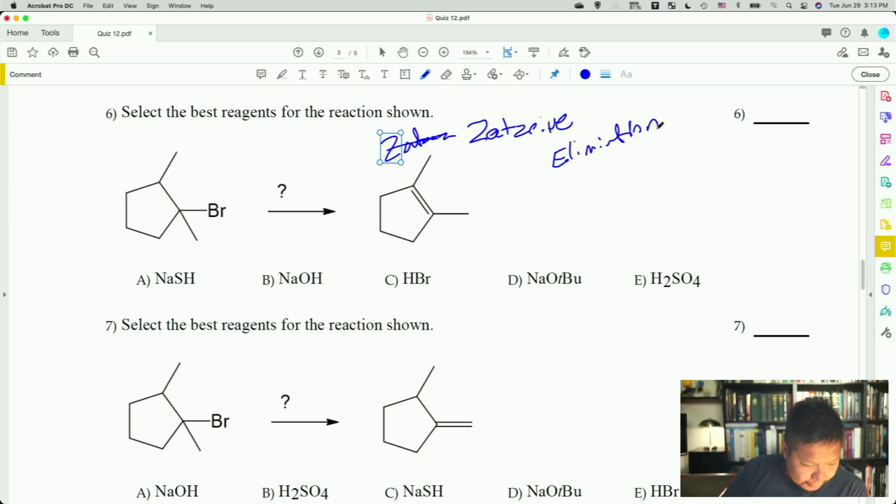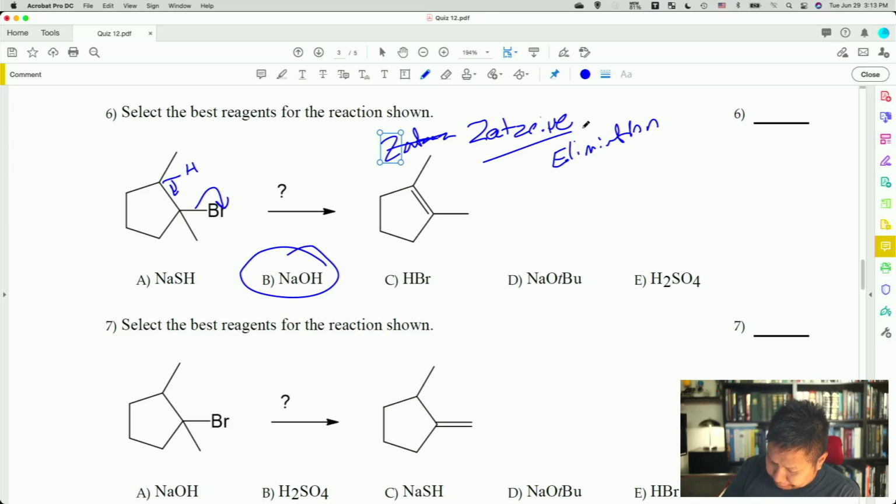So to do a Zaitsev product in an elimination reaction, we have to use a very slender base. The slenderest base there is going to be sodium hydroxide, right? Quite simply, sodium hydroxide can deprotonate this proton right here, and then this bond comes down, and then we lose the bromine, and we get our Zaitsev product, right?